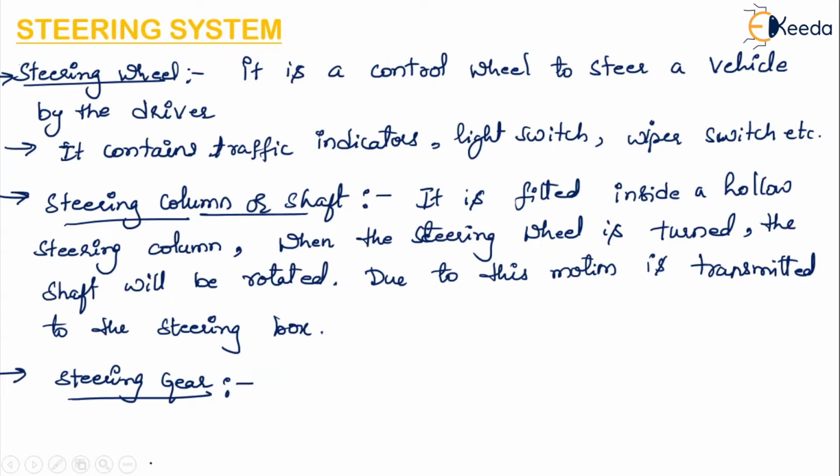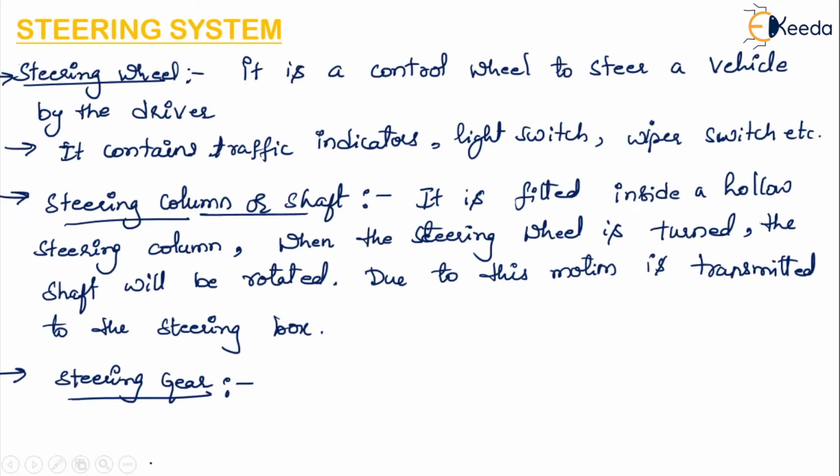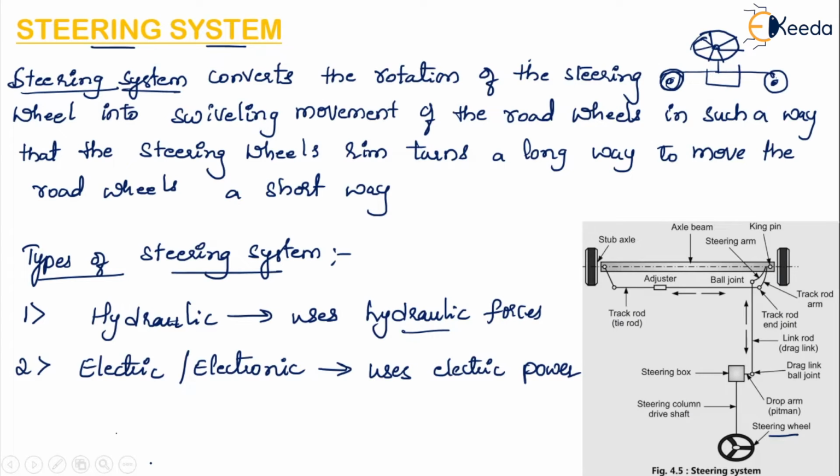A pitman's arm is shown in the figure over here. So here there is a pitman arm or the drop arm. This is containing a gearbox. This gearbox is connected to the drag link by a ball joint.